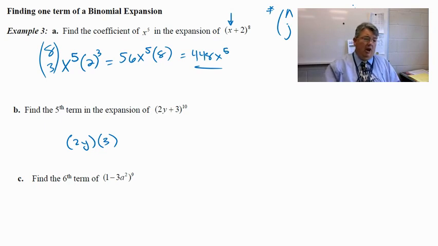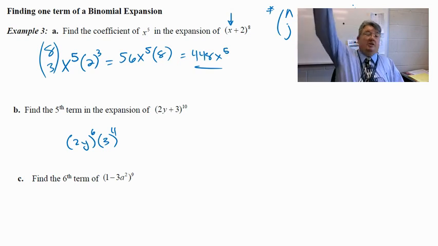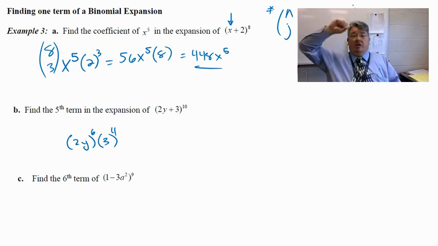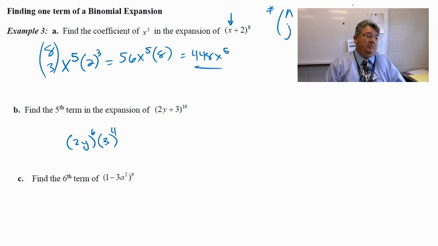So this 2y is going to be to the power of 6, and this is going to be to the power of 4. The reason that happens is, think about it, I have a 0th term there. I've got a 0th line in Pascal's triangle, and I've got a 0th term way over at the end. So the coefficient is going to be 10 choose 4.